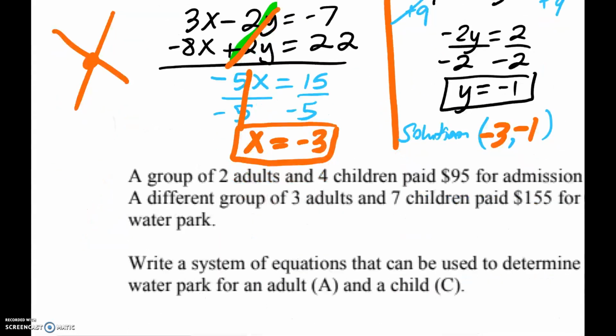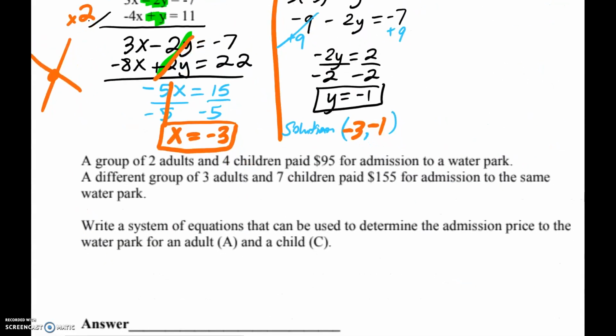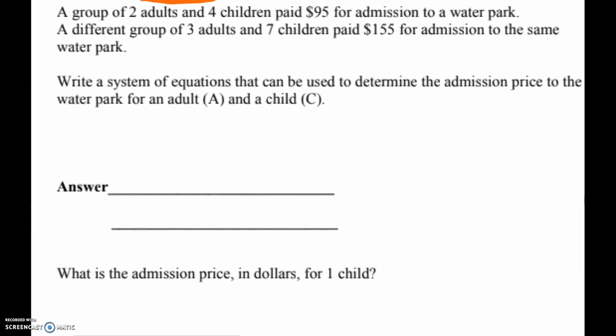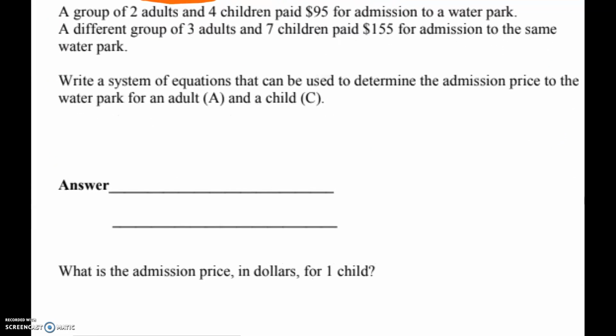I think we can solve one more word problem, which is right here. A group of 2 adults and 4 children paid $95 for admission to a water park. We don't know the ticket price for adults or children. Let's define variables here.